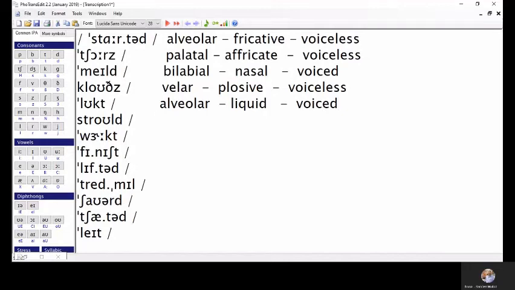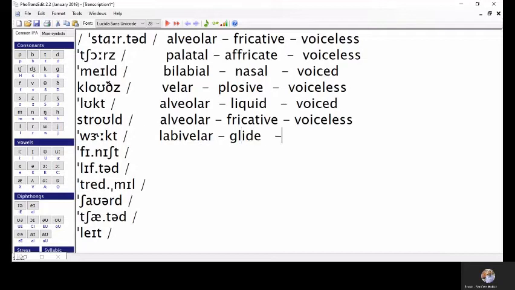The s in strolled was already described when we described started. The initial sound in worked is a labiovelar sound. It's a glide or semi-vowel, and it's a voiced sound. Then we have f in finished, which is a labiodental sound. It's fricative and voiceless.